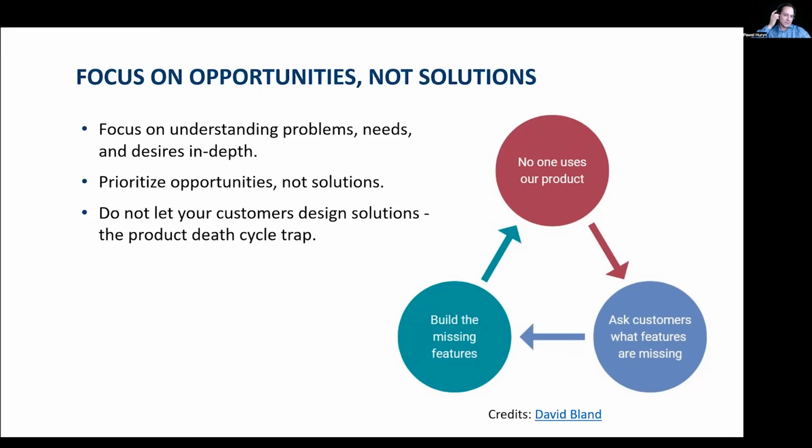So, to escape this trap, we need to think in the long term. So understand why we are building this product, who is our target customer, what are the underserved needs that we should really target.